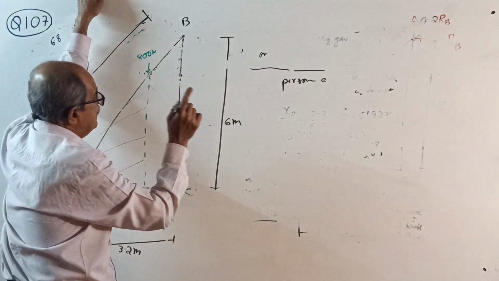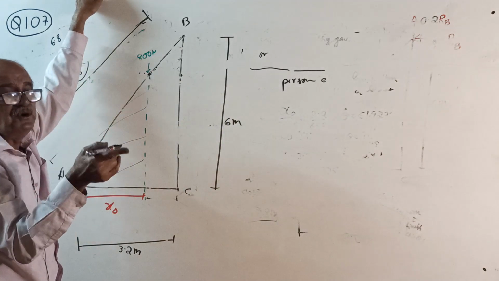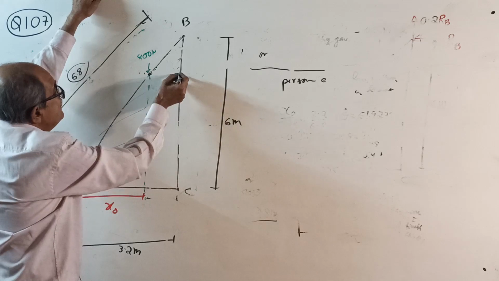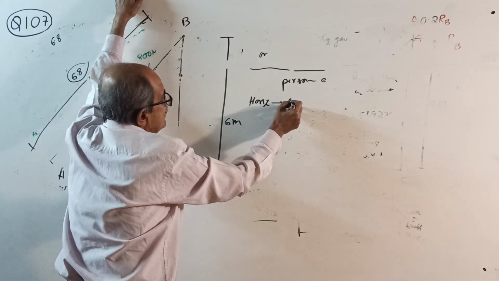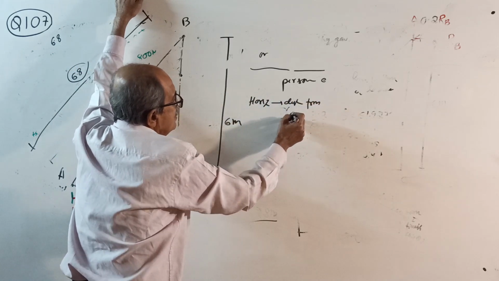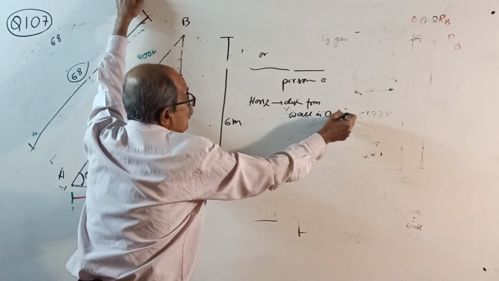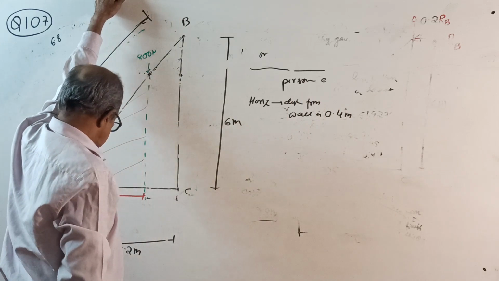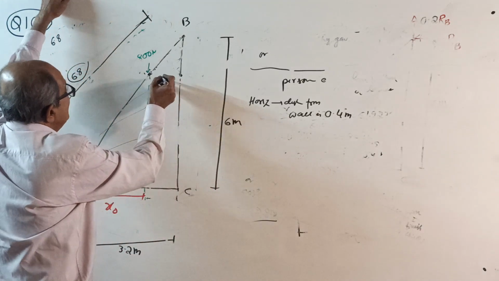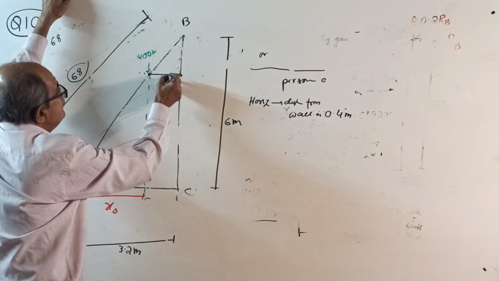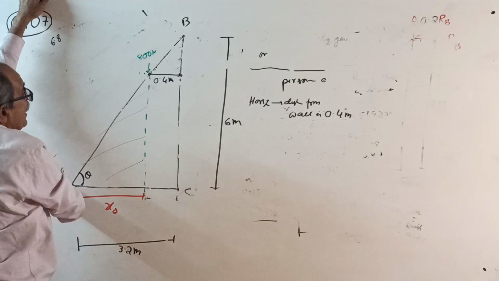Suppose they tell you the person is standing on the ladder in such a position that the horizontal distance from the wall is 0.4 meter. That means they are telling this distance is 0.4. Then this is not required.